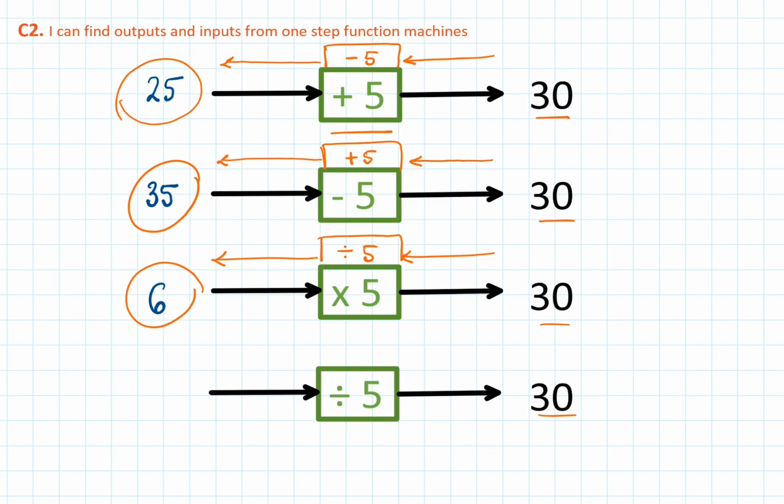In the last case, we had an input, we divided that by 5, and we got 30. So to find this original number, we have to work backwards. We have to multiply 30 by 5, because that is the inverse operation of dividing by 5, and then we'll get to our input number. 30 multiplied by 5 is 150, and just to double check, 150 divided by 5 will get us to 30.